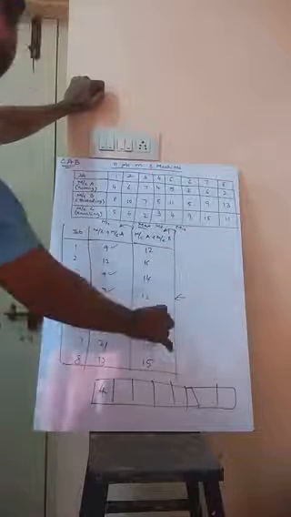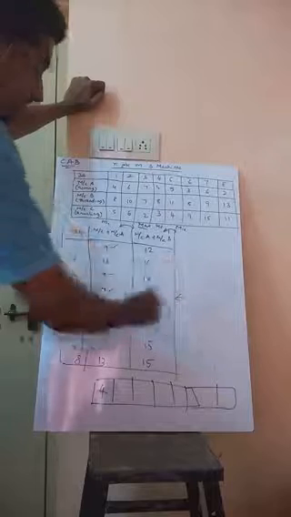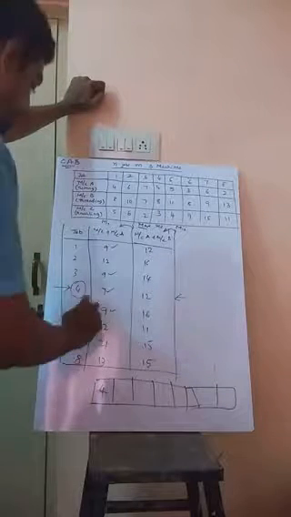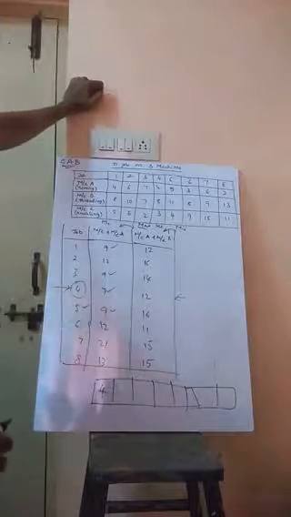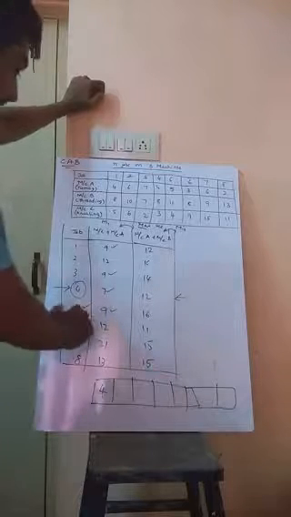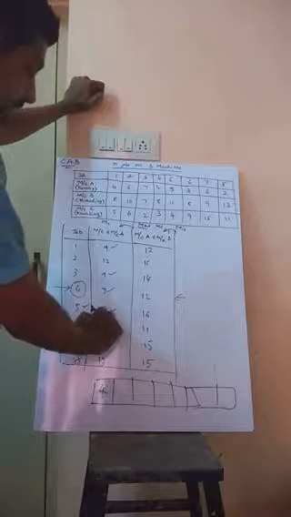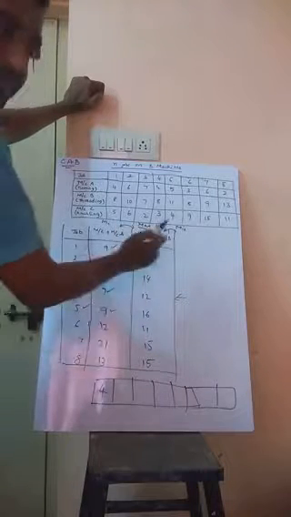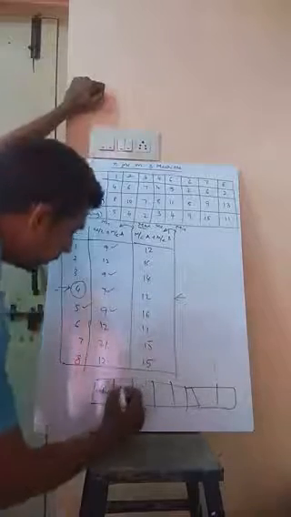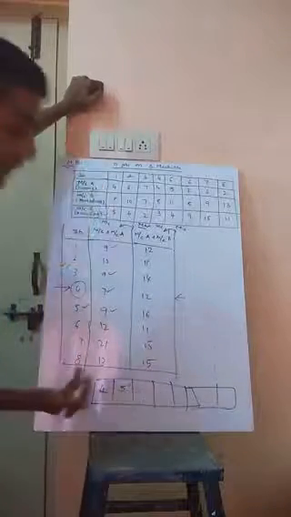Whichever value is greater, we take that job, that is 5, and place it in the sequence. This 9 is on the left side, so we place it at the left side of the sequence blocks.